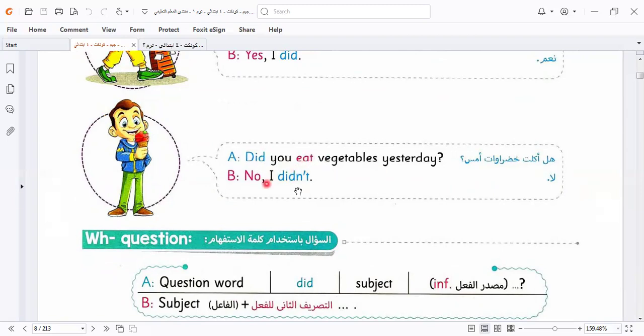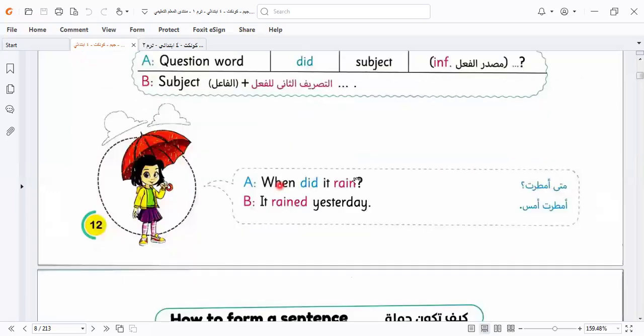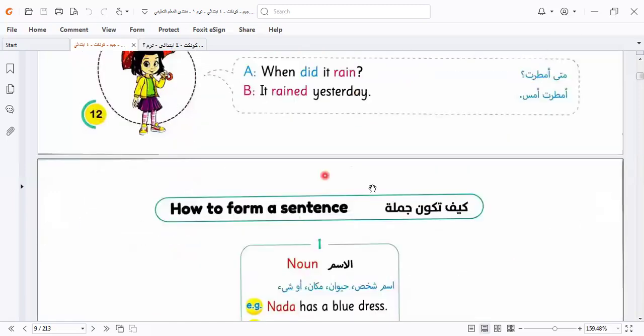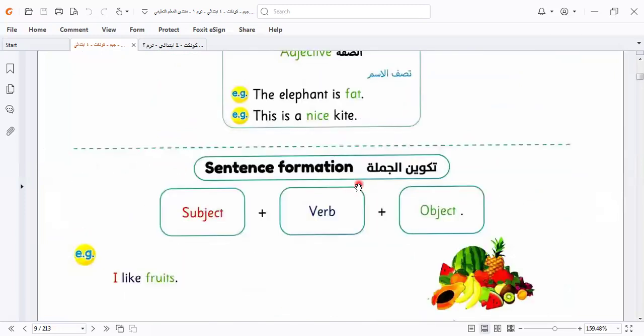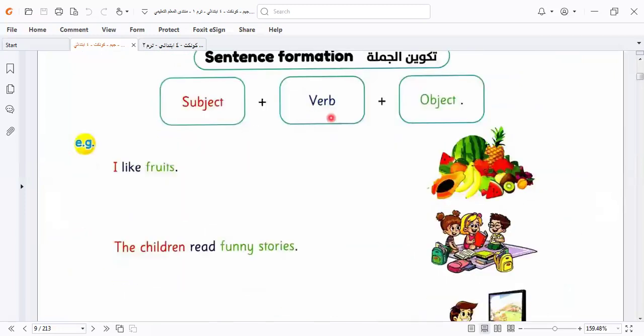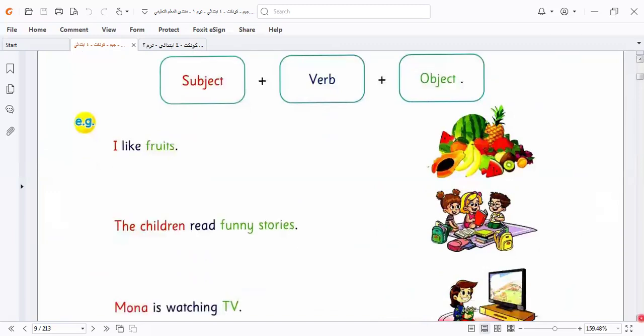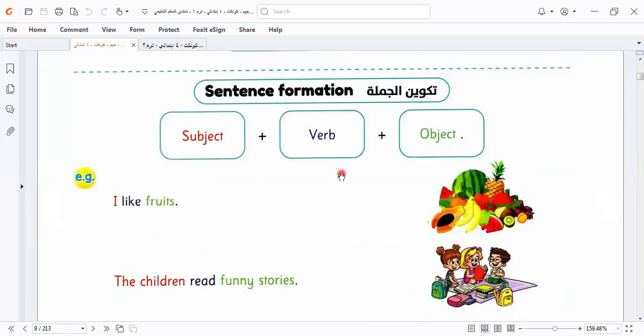Did you eat vegetables yesterday? No, I didn't. Here we have, when did it rain? It rained yesterday. Here is the form of the sentence. What does the sentence consist of? As we told before, subject, verb, object. As we told, when I answer the question, I write this rule and I practice this rule in the sentence that we answered.